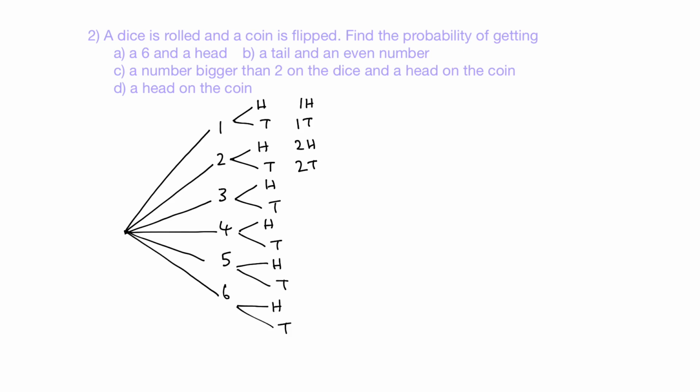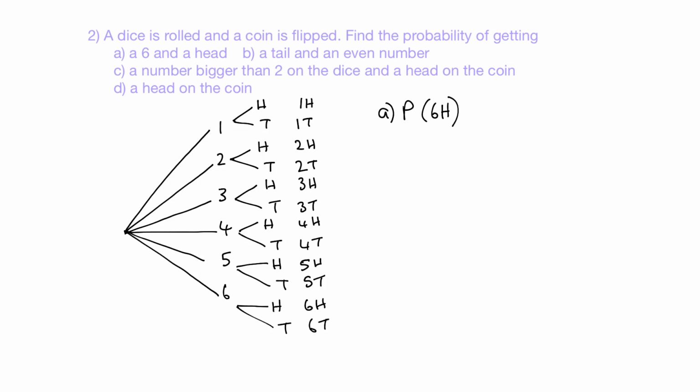Okay, so let's look at these questions then. Part A, probability of getting a 6 and a head. When we list all these, if we just keep going, we'd have 3H, 3T, 4H, 4T, 5H, 5T, 6H, 6T.